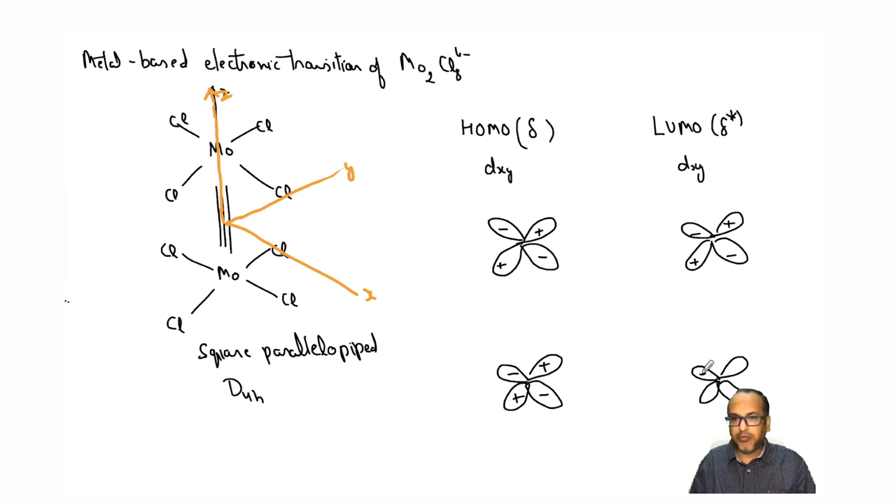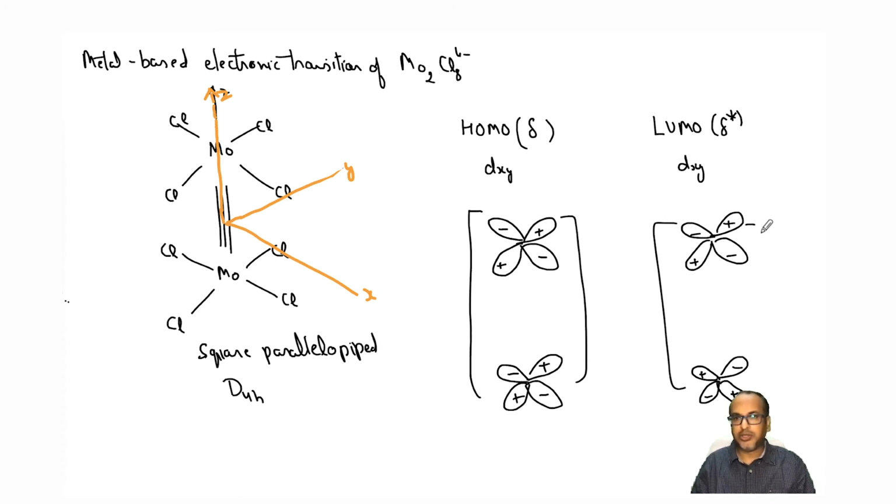So you have plus and minus, right? You can see that these two are different. So this whole thing constitutes delta, and this whole thing constitutes delta star. These are two dxy orbitals kept on top of each other, and in this one there is a phase difference between the two, and that's how this is called delta star, and this is with the same phase, so this is delta.